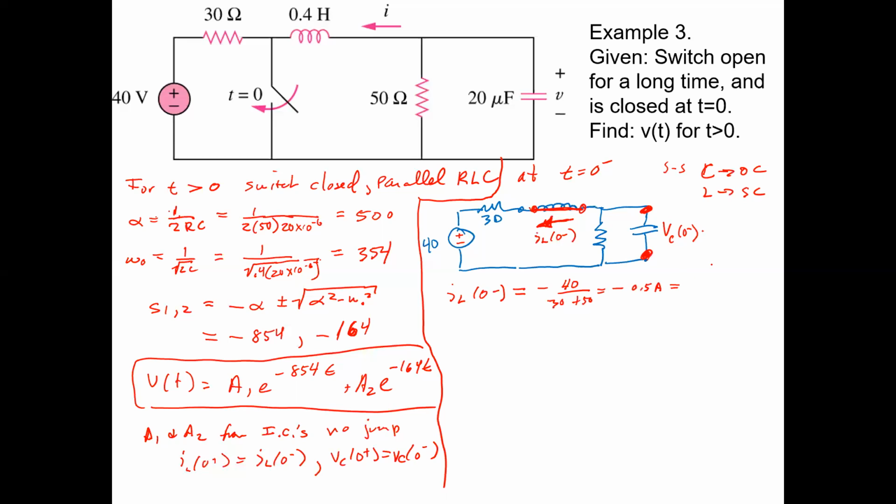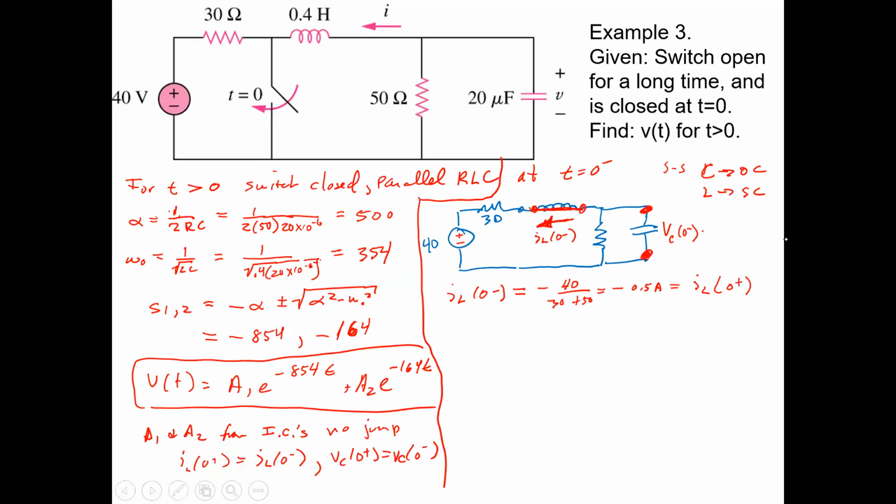And, no big surprise, it's also going to equal IL of 0 plus, right? And that's our initial condition that we're trying to find. So that's check, we got one of them down, right?